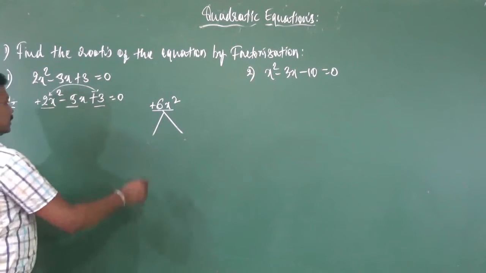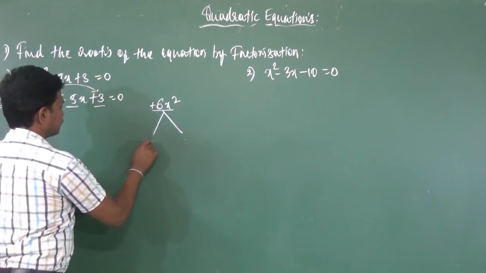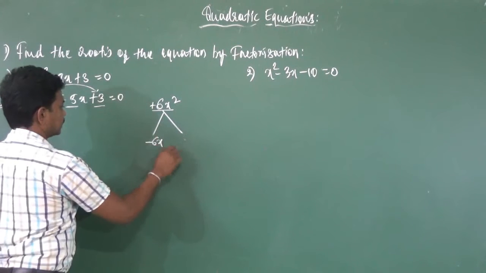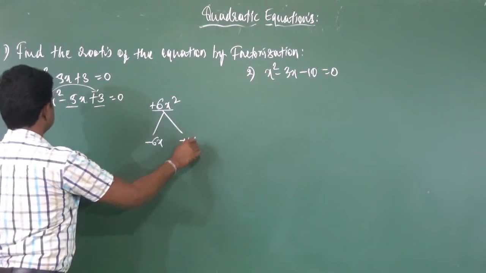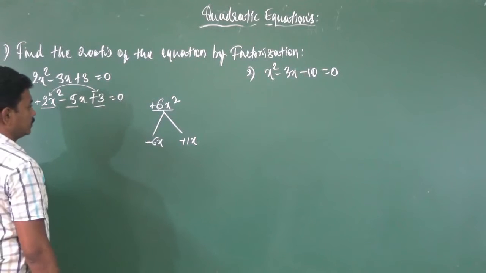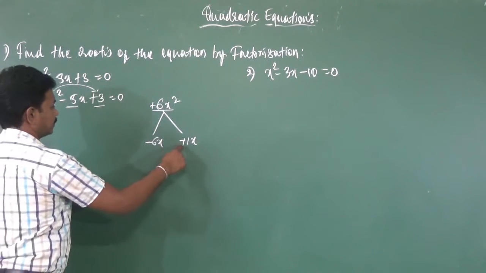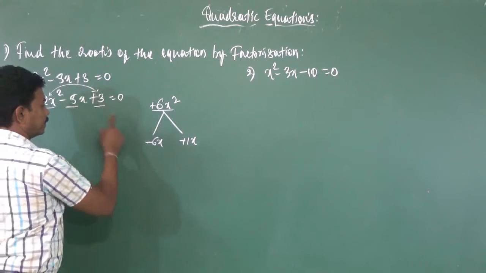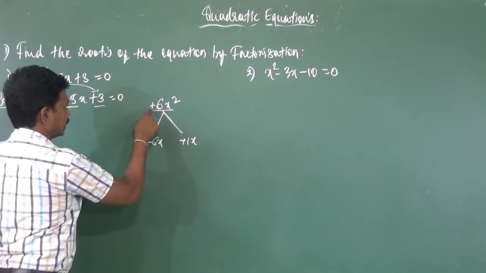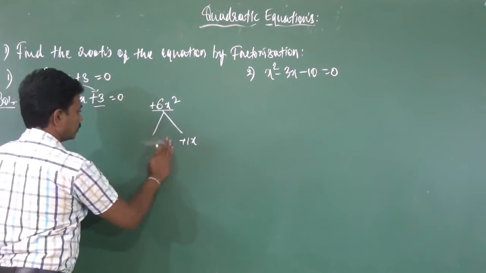So we can take it as minus 6x and plus 1x. I hope this is not possible because minus 6x plus 1x is minus 5x, it's okay, but minus into plus you should get minus here, so therefore it is not possible.